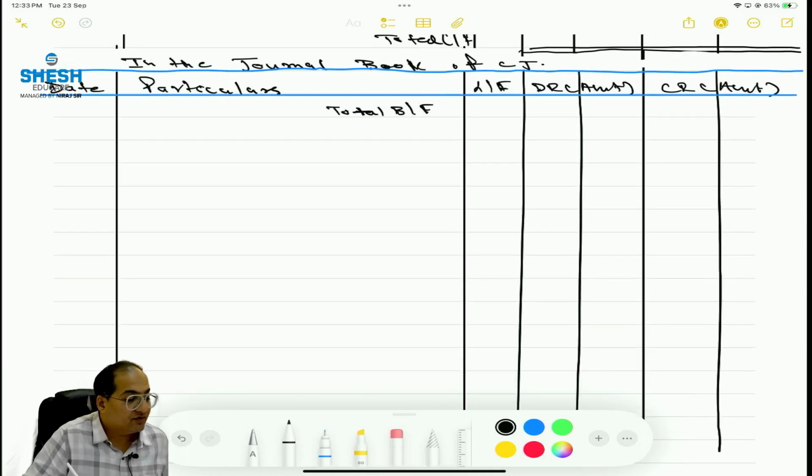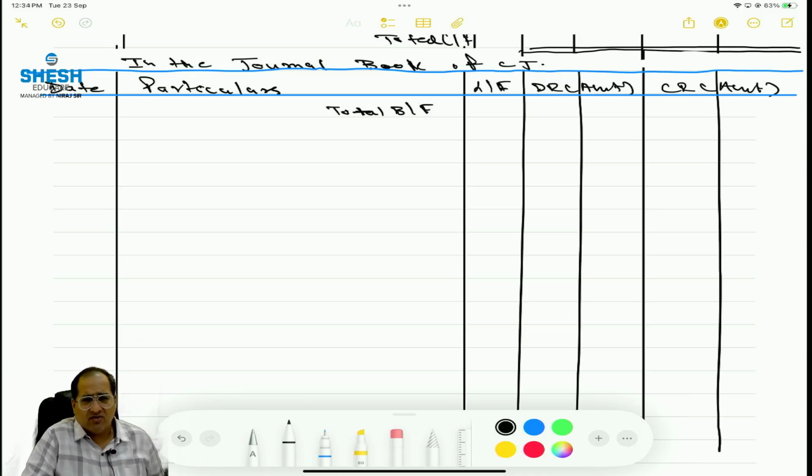So on 21st of June, received cash from S. Habib and Company. See, once I read this transaction, I do understand that cash account is a real account and S. Habib's account is personal account. So entry is not a problem. Debit what comes in and credit the giver.